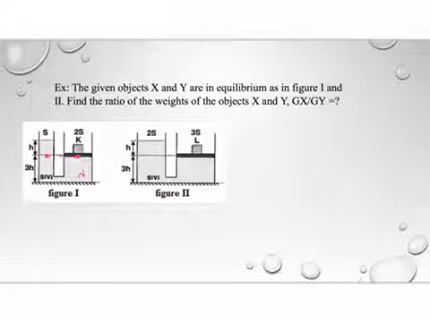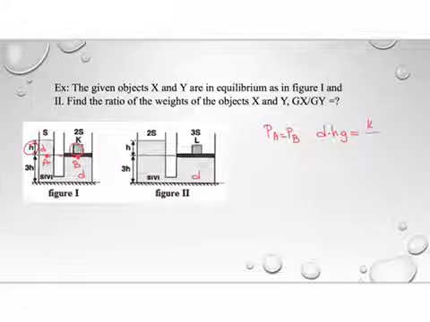Let's say they have the density of D. So A, B, the pressure at A should be equal to the pressure at B. The pressure at A is exerted by a D density liquid with a depth of H. So dH times G should be equal to the pressure at B exerted by the K object, K over 2S.